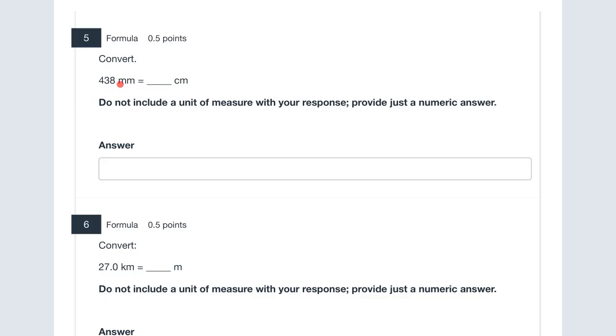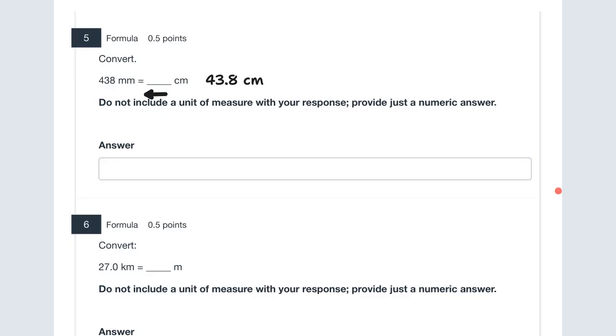Going from millimeters to centimeters is one place, so I either have to move the decimal 1 unit to the left or 1 unit to the right. In this case, I need more millimeters and fewer centimeters, so I want this to go 1 decimal place to the left. So this is just going to jump to 43.8 centimeters.